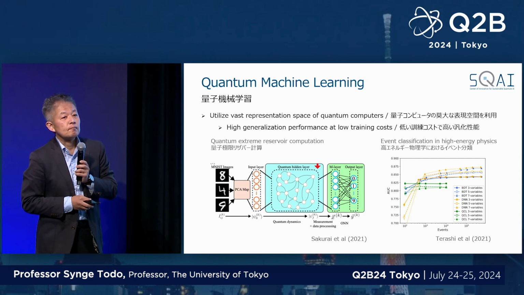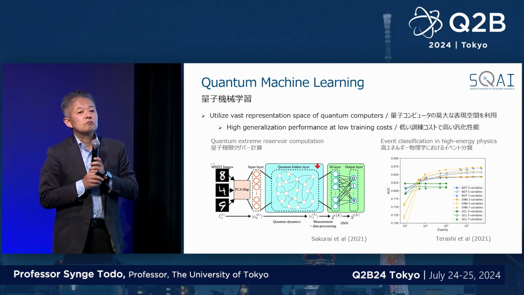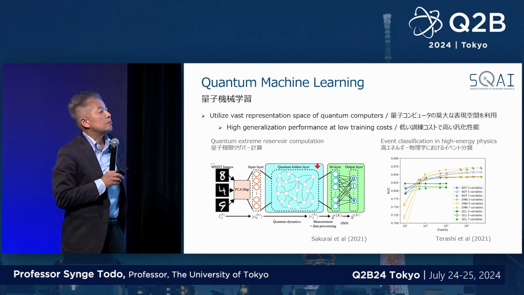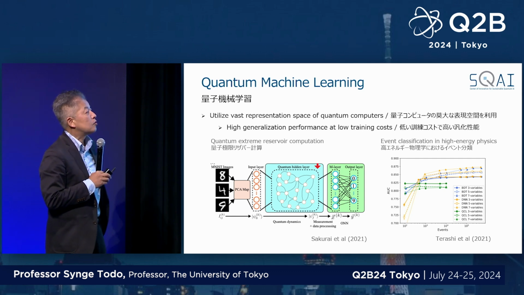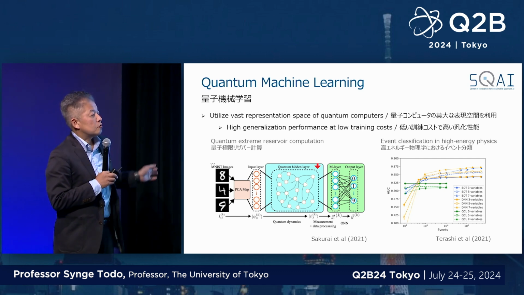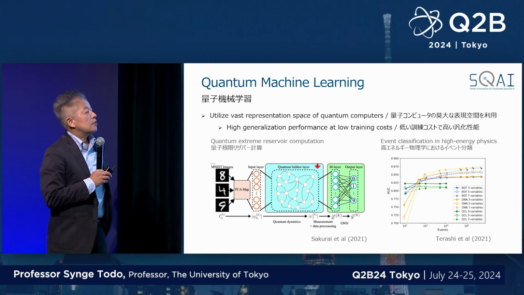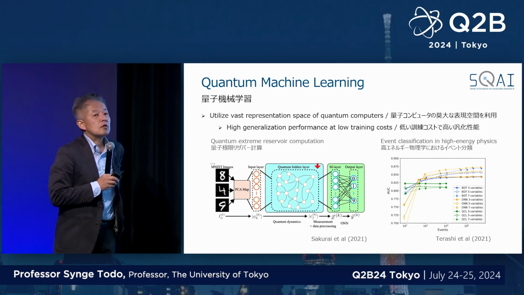On the right-hand side, you would see the event classification example. High energy physics experimentation is the example here. There are multiple events that you have to look for the events that you need to focus on. But please note that we have the number of events that are used for training on the horizontal axis, and we have accuracy on the vertical axis.